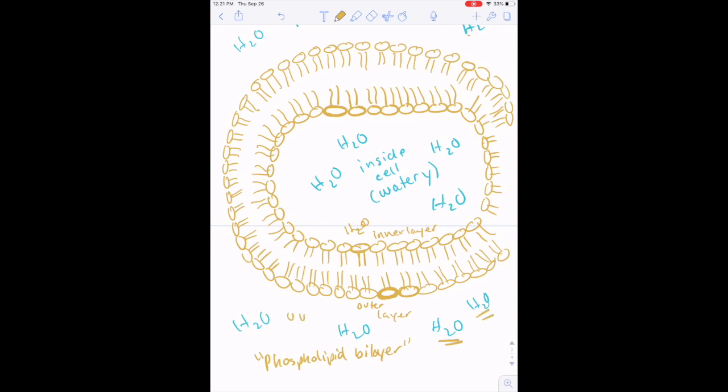This is outside the cell. And those hydrophobic tails pointing inward. I want to point out that the hydrophobic tails are not touching each other, all right? They're just hanging out together. And what you do is you get this whole hydrophobic region in here, all right? They're not covalently bonded to each other or anything like that.